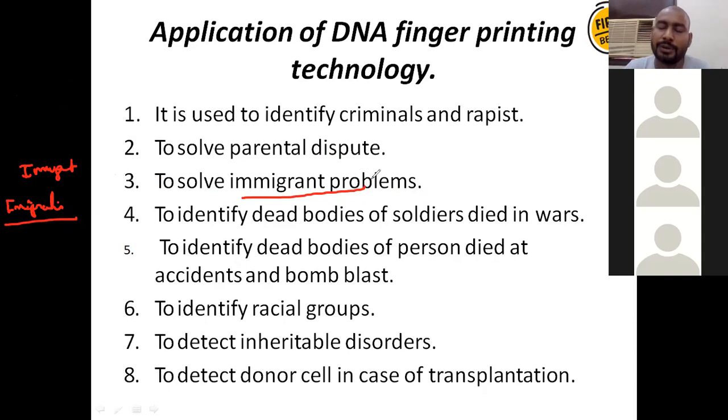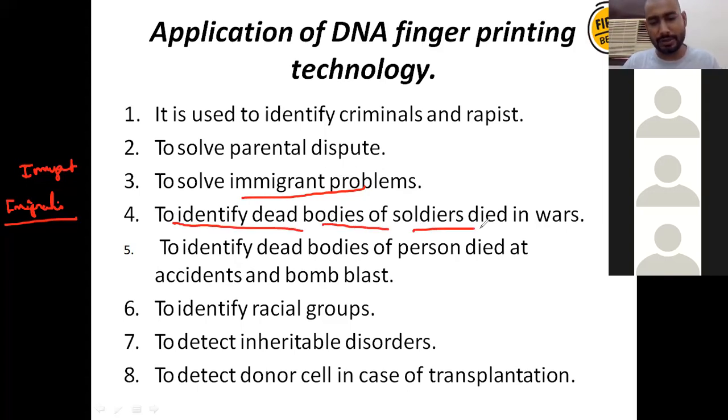Immigration means a person who came from another population and enters our population. That is called an immigrant. So we can identify that this person belongs to a different country or different population.